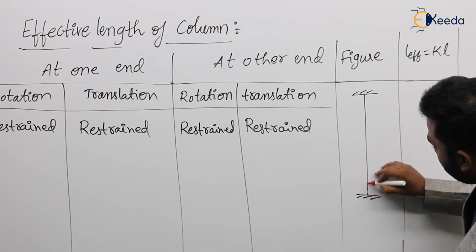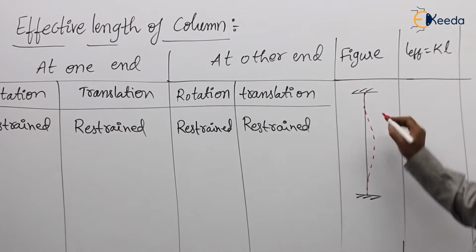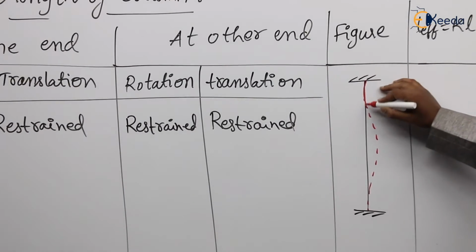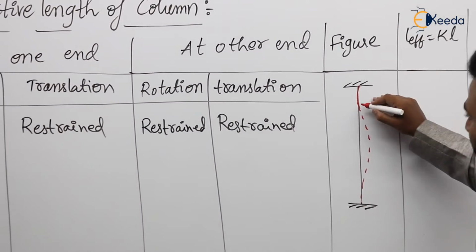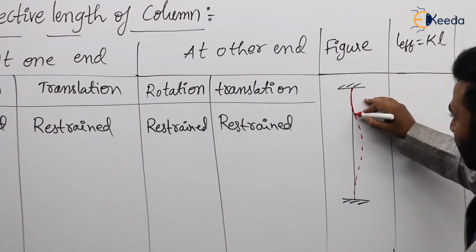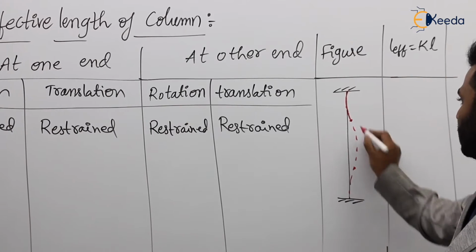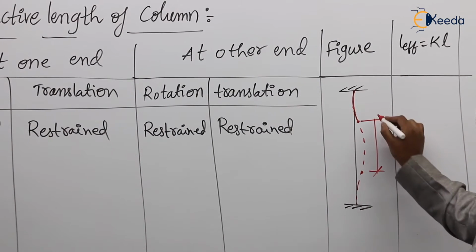The deflected shape will be like this. From here to here it is convex, after that it becomes concave. Here the curvature changes, and here also the same. The distance between these two points is known as L effective.